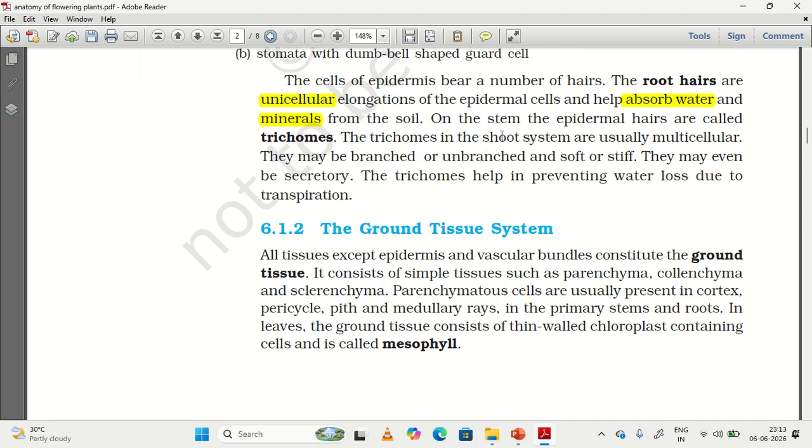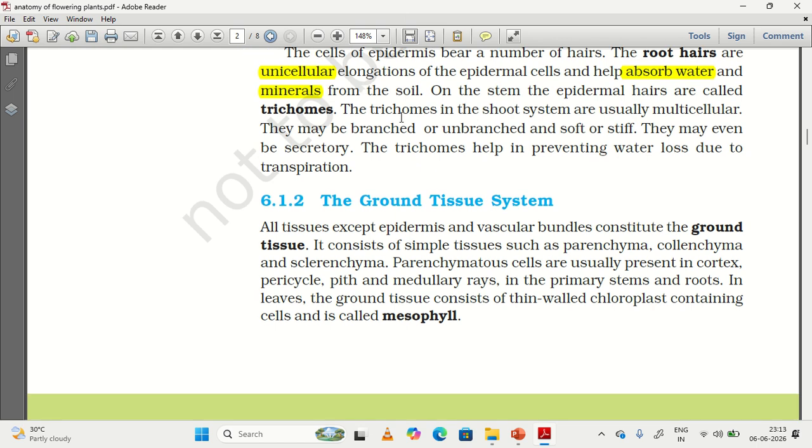On the stem, the epidermal hairs we call trichomes. If they are present on the roots, we call them root hairs. Trichomes in the shoot system are multicellular. Please remember, root hair is unicellular, whereas trichomes are multicellular.